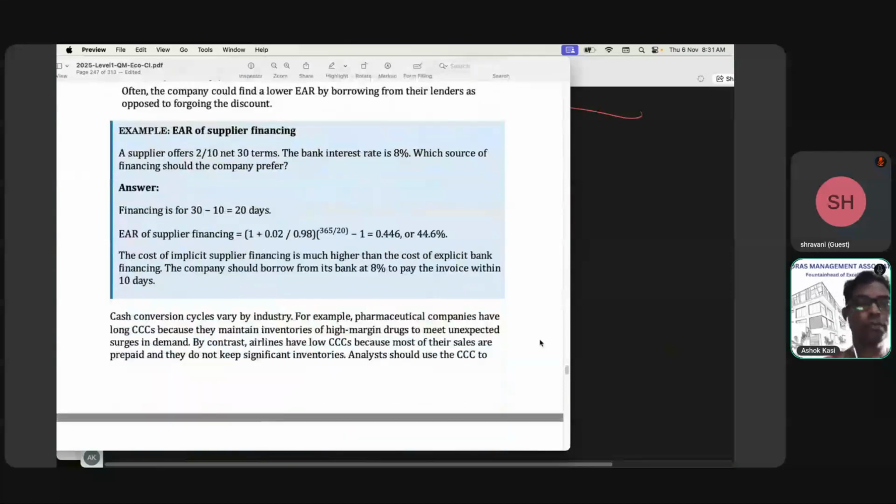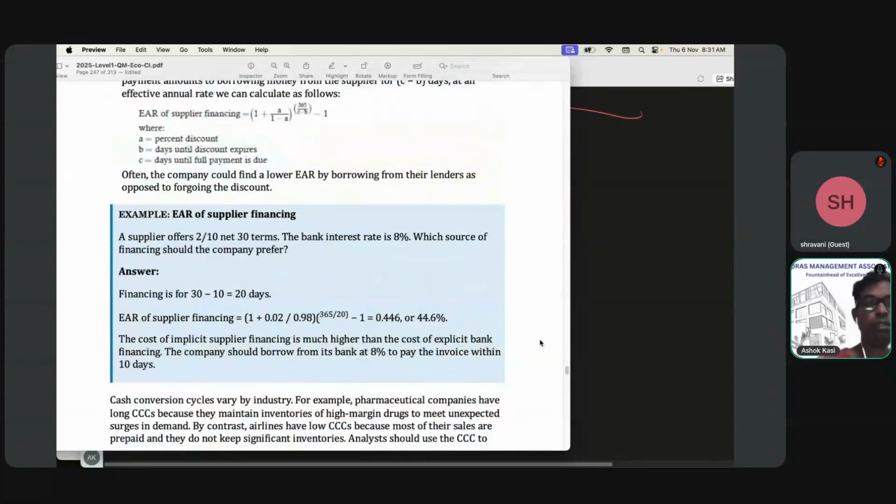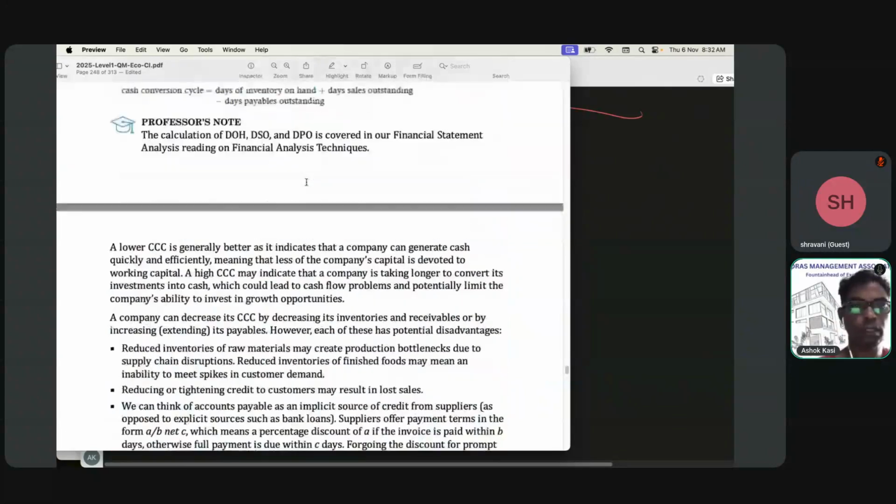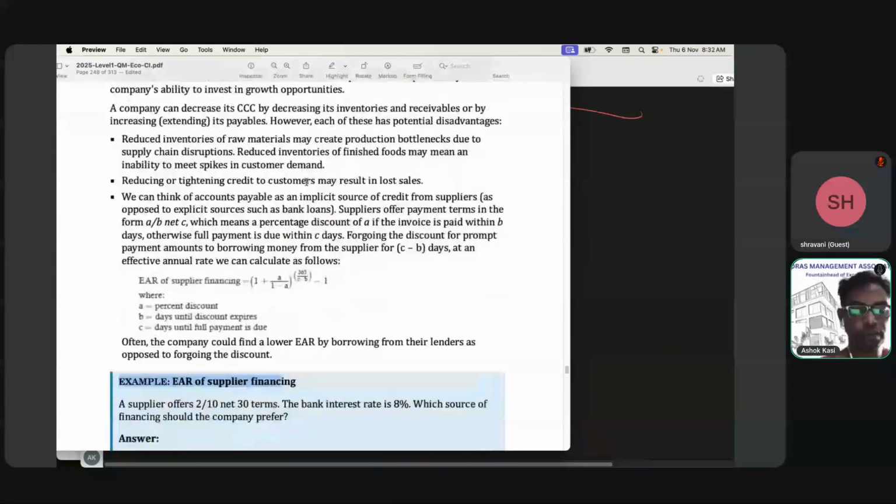Next one. So see, there is a formula given here, but you don't have to remember the formula as such. EAR stands for, where is EAR mentioned?